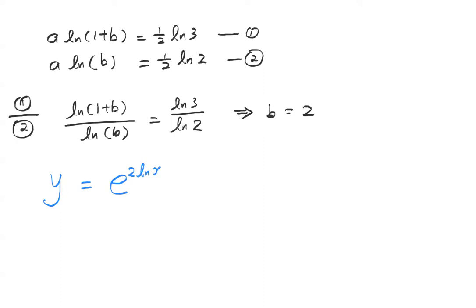So remember, I told you that if I have e to the power of ln anything, the coefficient here is 1, so the answer can be simplified as whatever is in the ln. Am I right? So you bring the 2 up here. So this will be e to the power of ln x squared. So actually this is x squared.